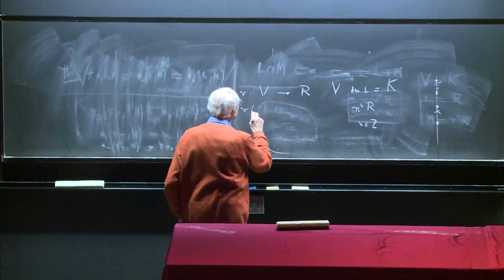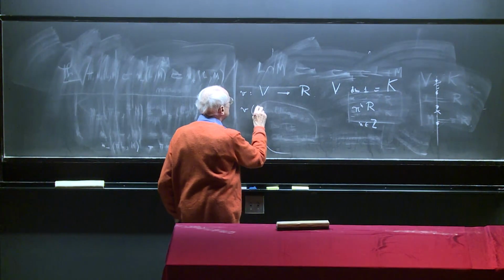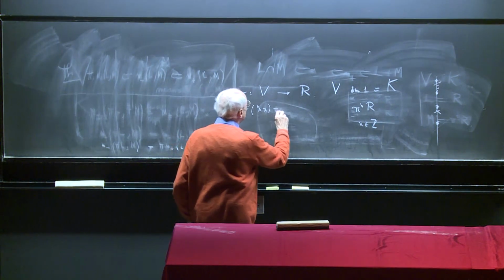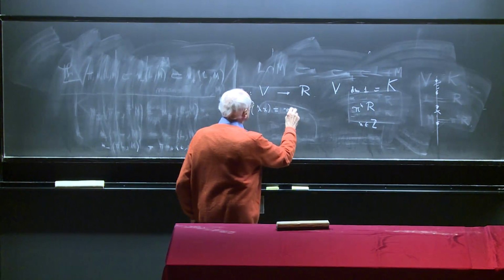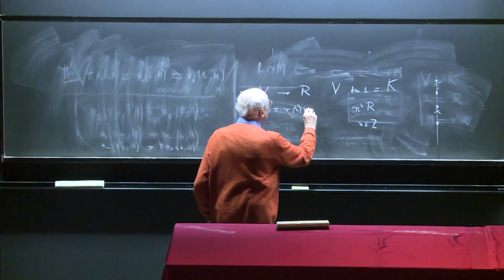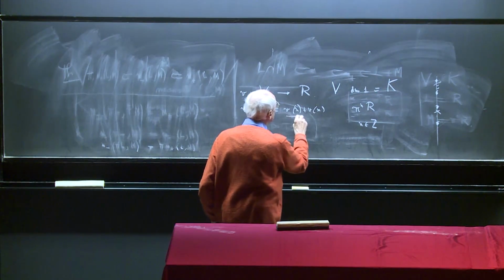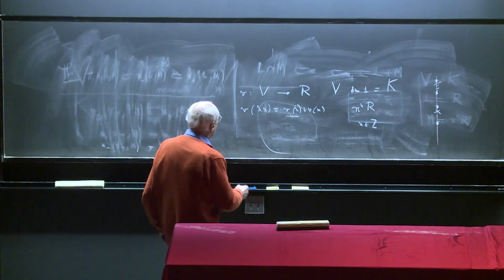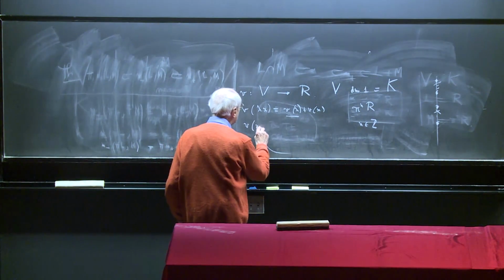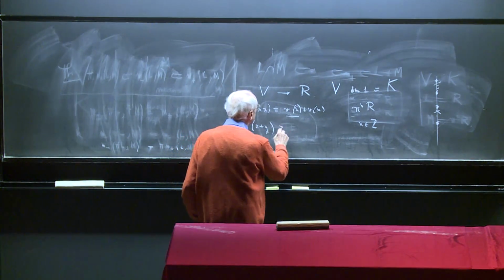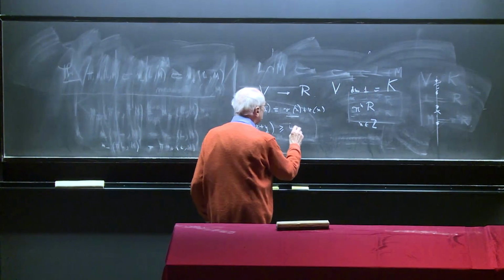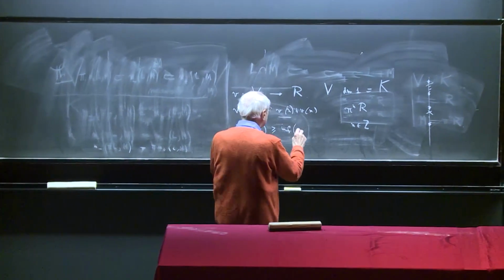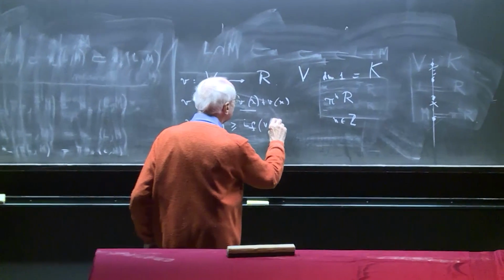I mean, you want that V of lambda x is valuation of lambda plus valuation of x, where that one means the valuation inside the field K. And you want the usual thing, V of x plus y is at least equal to the inf. I hope I have the inequalities right.